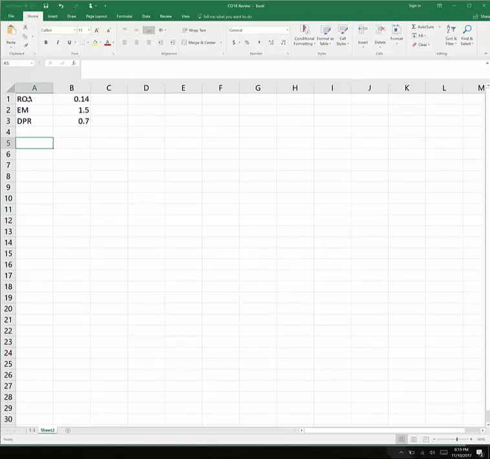So what we're looking for here is the firm's internal growth rate. So internal growth rate, we know that's equal to ROA multiplied by b divided by 1 minus ROA multiplied by b. And we know that b is our retention ratio, which is 1 minus our dividend payout ratio.